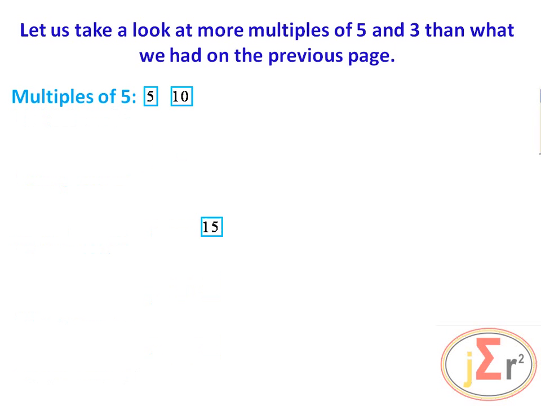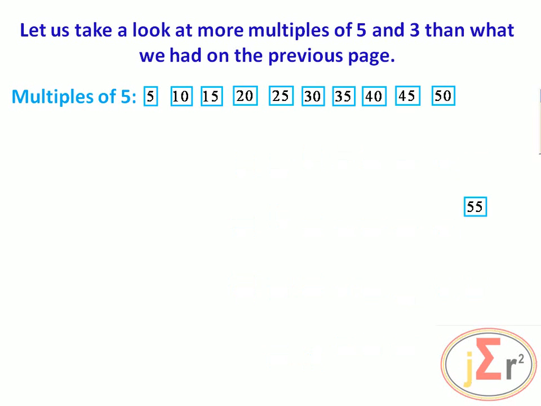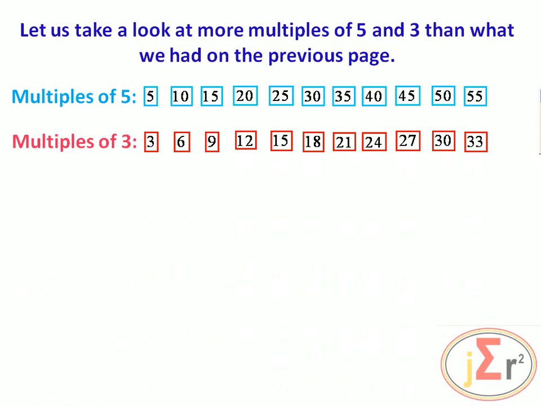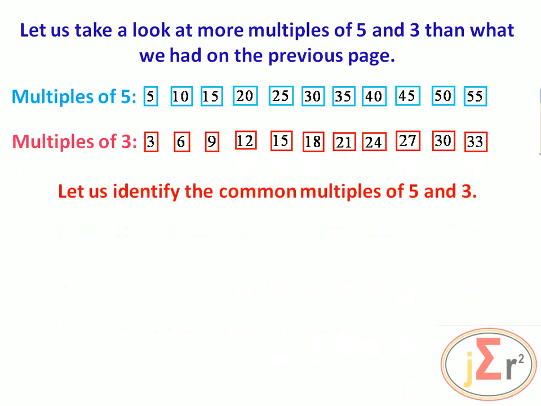So those are our multiples of 5, a greater number of them, and those are our multiples of 3. So we have longer lists than we had on the previous slide. Let us identify the common multiples of 5 and 3.